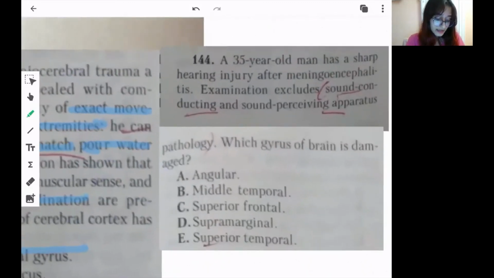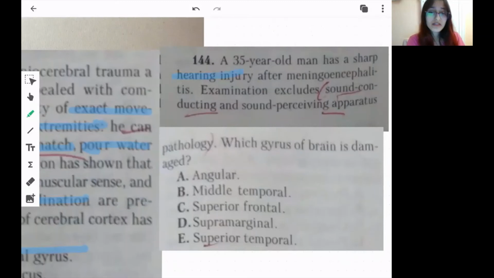So next question. The patient has a sharp hearing injury. Examination excludes sound conducting and sound perceiving apparatus pathology.